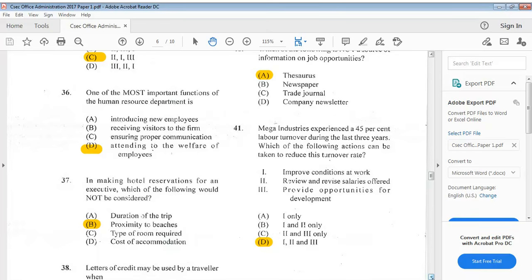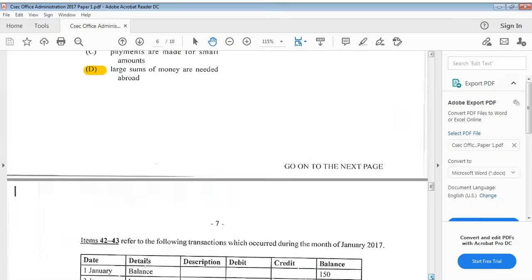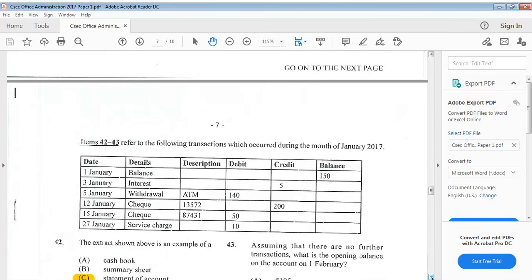Is it A, 1 only? B, 1 and 2 only? C, 2 and 3 only? Or D, 1, 2, and 3 only? So we know it's all of the above. Those are the actions that can be taken to reduce turnover rate. Let's move on to number 42.